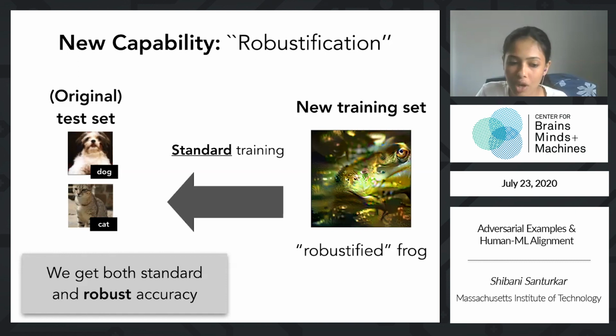For example, if I was just asking you to classify between frogs and airplanes, maybe it would be enough to learn that the color green means frog and the color white or blue means airplanes. You don't even need the entire structure of a frog or an airplane to perform this classification task. So what robust features the model might end up learning might even depend upon how simple or how complicated the task is.